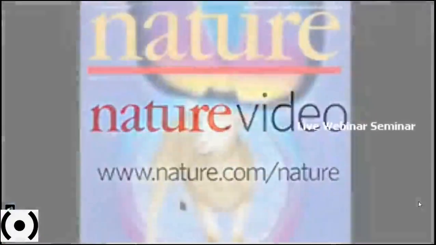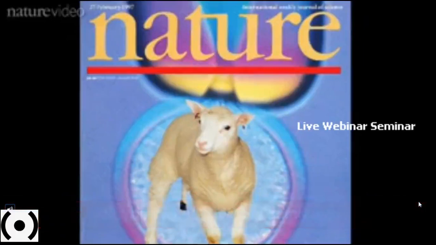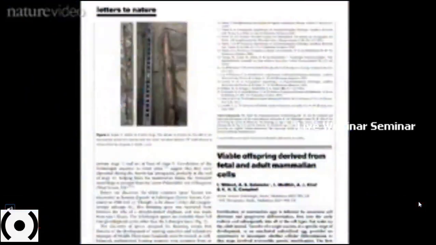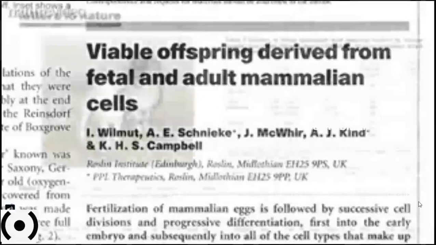In 1996, the world's first cloned mammal, Dolly the sheep, was born. Her birth proved that the mammalian genome could travel back in time. Placed into an egg, the DNA of a specialised or differentiated cell gained the powers of an undifferentiated stem cell.